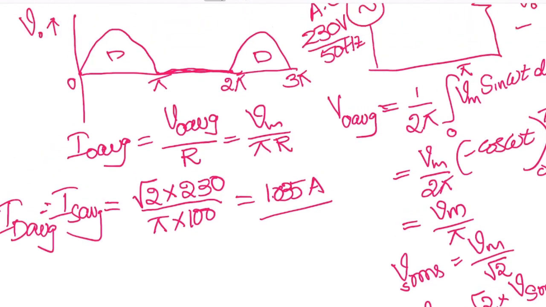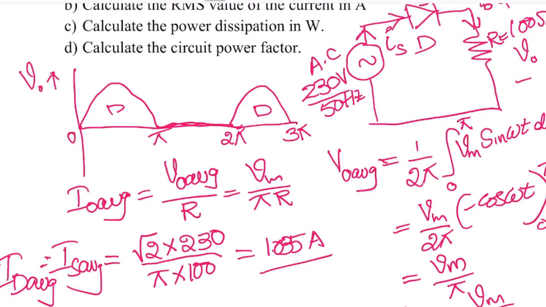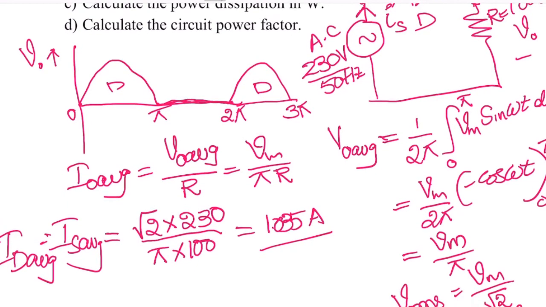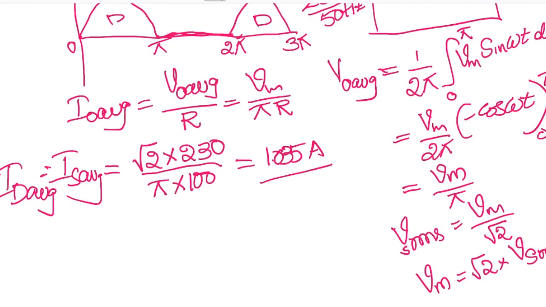Now, what is the second one asking me? The RMS value of the current. Again, it will be the same whether it is output, diode, or source. All are the same. So, what am I going to do for the second one?